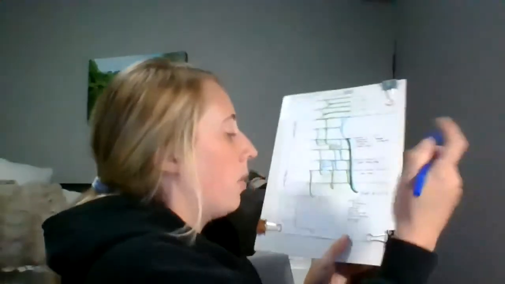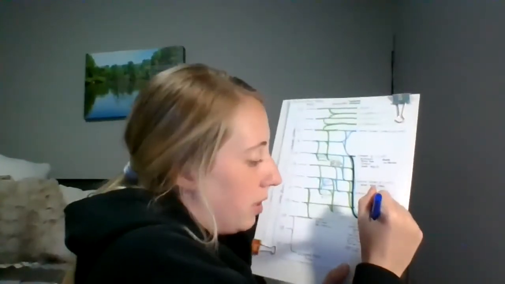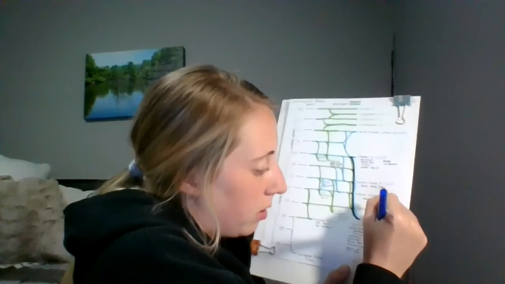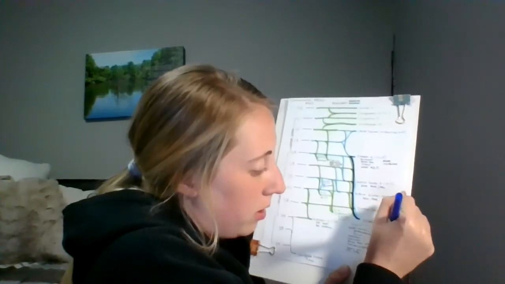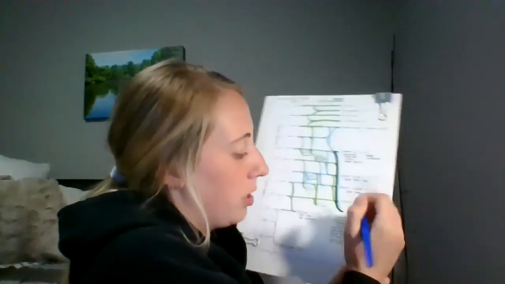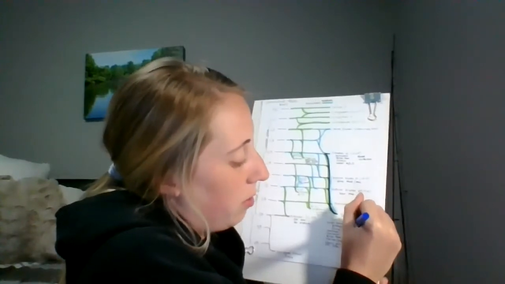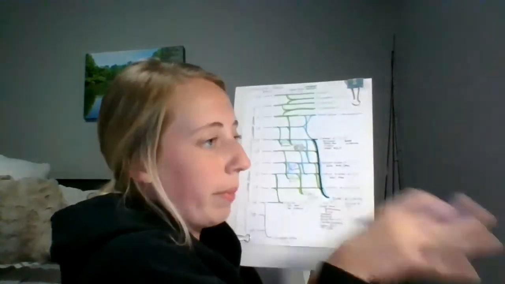So then on the posterior side, we have the fibular nerve, which is also broken into two different branches.